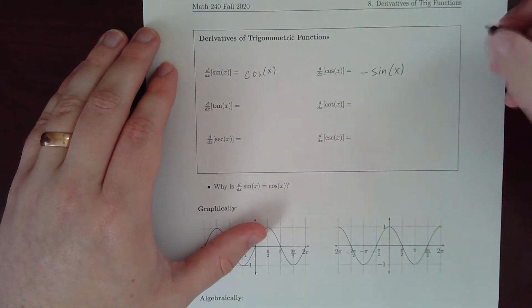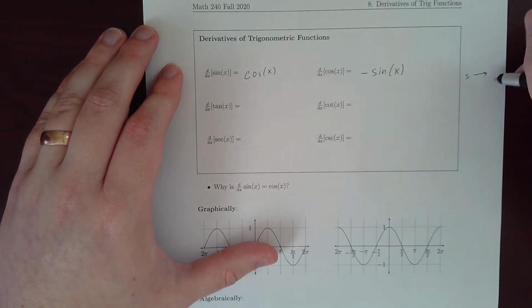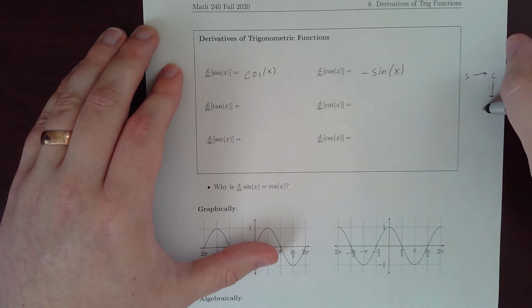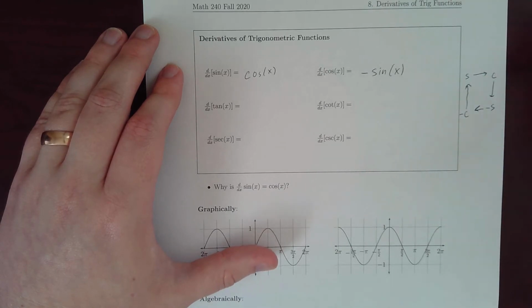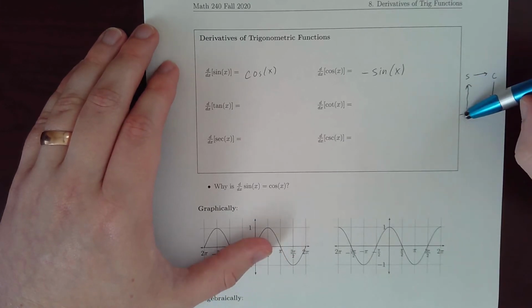What's kind of cool about this is it creates a little bit of a loop. If you've got sine, the derivative of sine is cosine. The derivative of cosine is negative sine. Negative sine's derivative would be negative cosine, and the derivative of negative cosine would go back to being sine. So you get a nice little loop going on here.